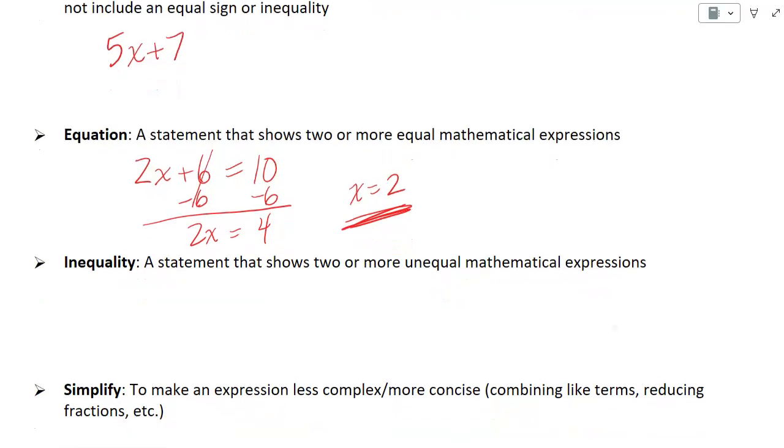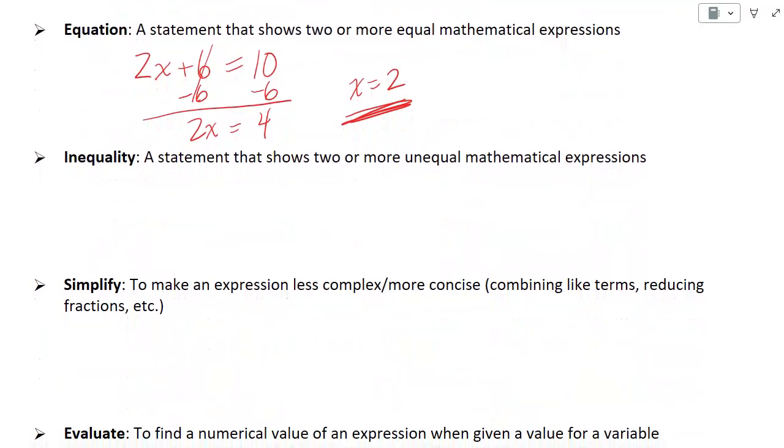An inequality is similar to an equation, but the two expressions are going to be unequal, or they could be equal. We'll get more into that when we actually cover inequalities. It could be less than, greater than, less than or equal to, greater than or equal to. So using the same exact equation from before, I'm just going to change the sign to an inequality sign. 2x plus 6 is less than or equal to 10.